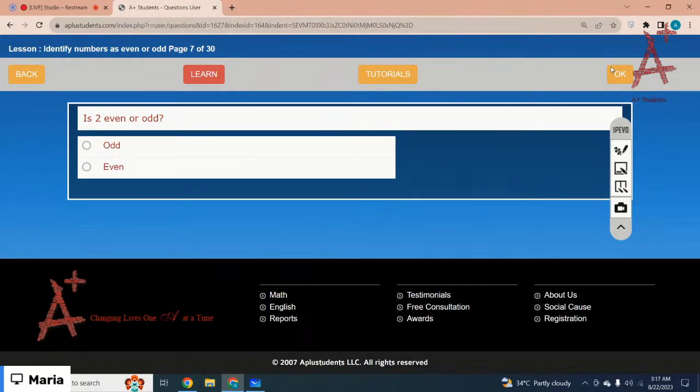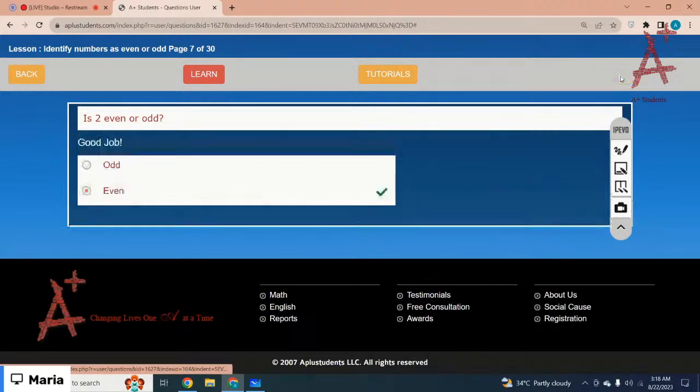Is 2 even or odd? 2 is an even number. The correct option is even. 0, 2, 4, 6, and 8 are even numbers.